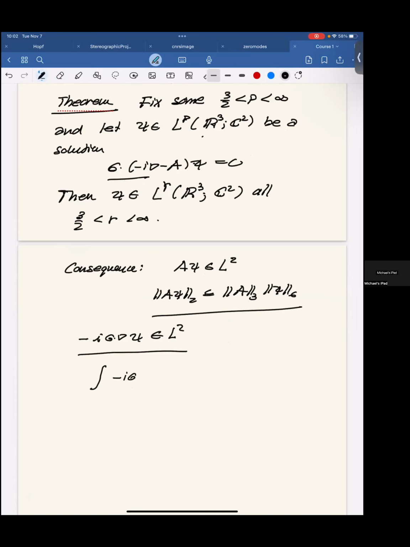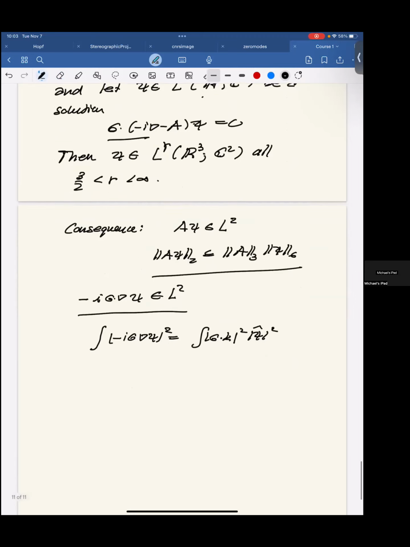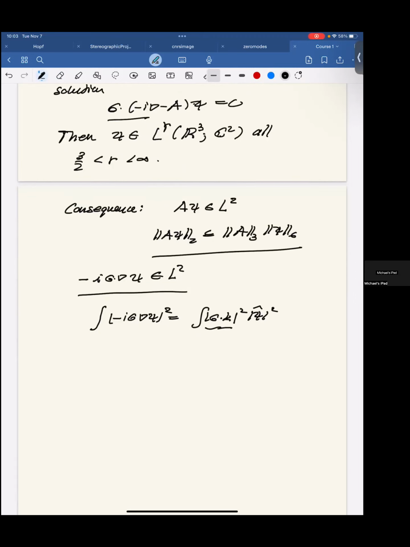Okay? Not only is minus i sigma grad psi in L2, but now you notice the following by Fourier transform. If you think about this in Fourier space, this is nothing but the integral of modulus of sigma dot k squared times psi hat squared. But sigma dot k squared, you can easily check what it is. It's k squared, k dot k, plus i times sigma k wedge k, which of course is 0.